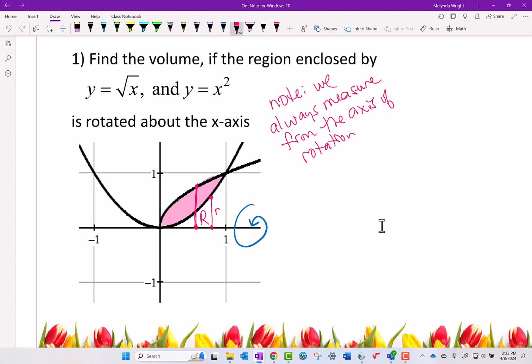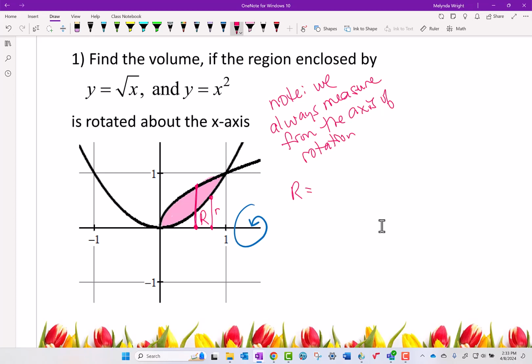And before we can set up our integral, we need to figure out how to represent that. It's just big minus little. It's really just big minus little. Okay, so let's list out big R and little r. So this big one is, what is that?